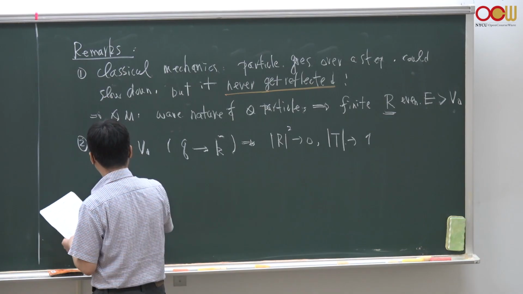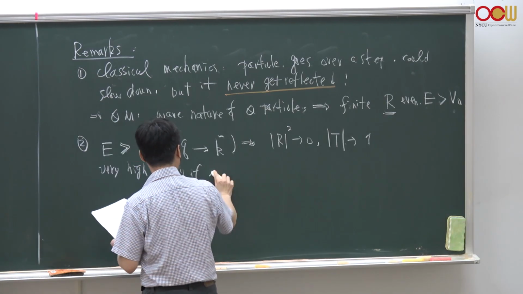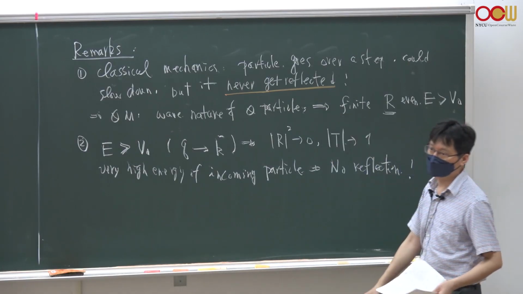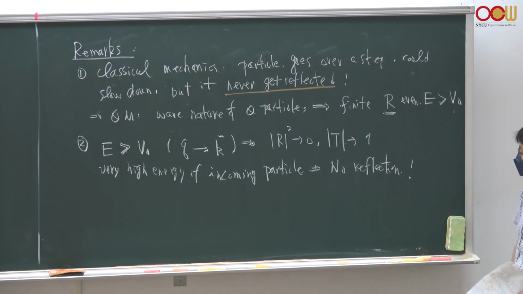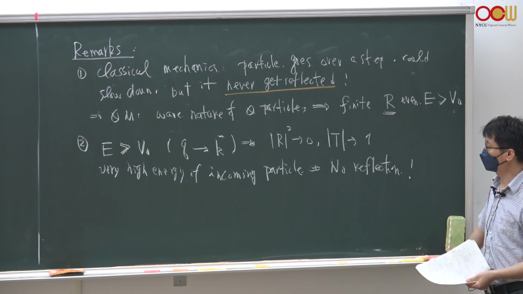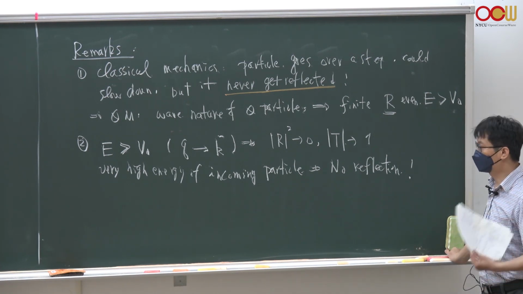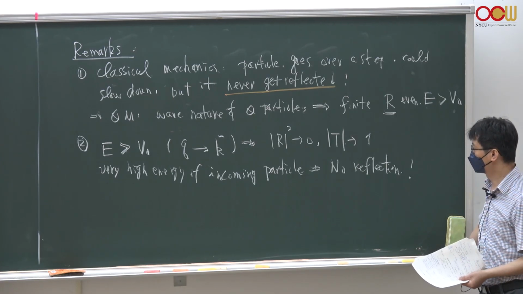Meaning for a very high energy incoming particle, there's no reflection, which is good because this is consistent with what we can imagine in classical mechanics: for a very high energy incoming particle, the particle will never bounce back.